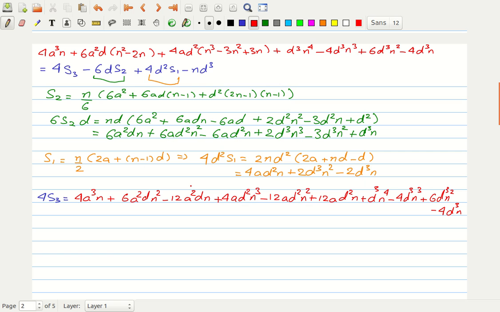So this is 4s3, this red expression, plus 6 ds2.